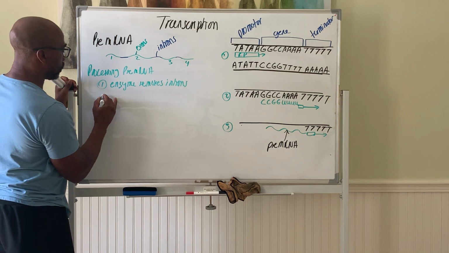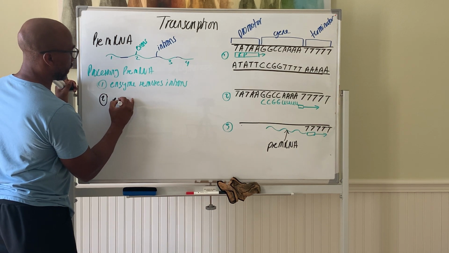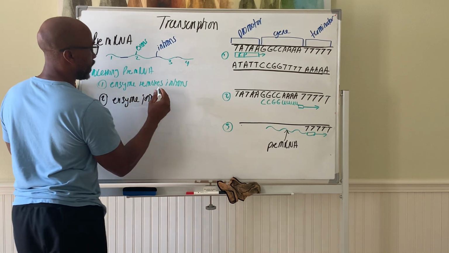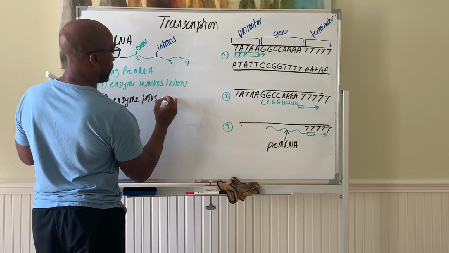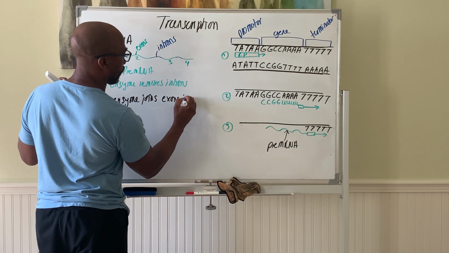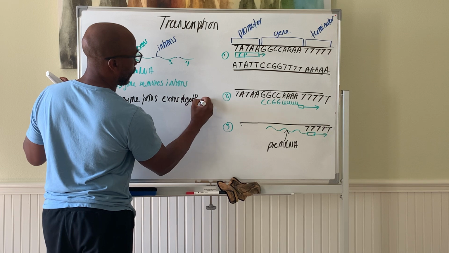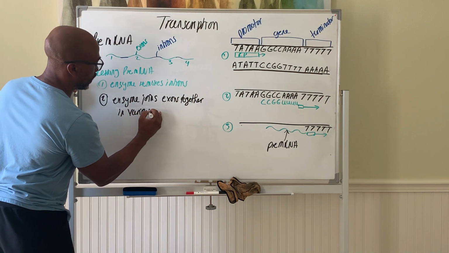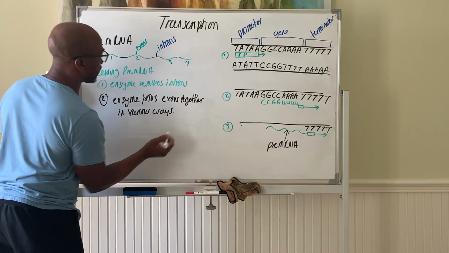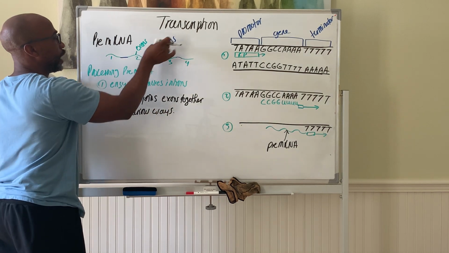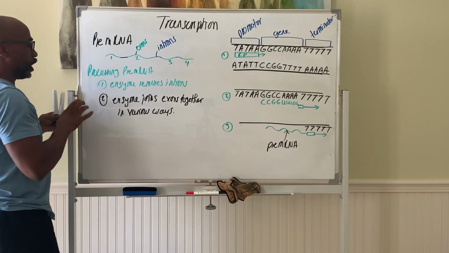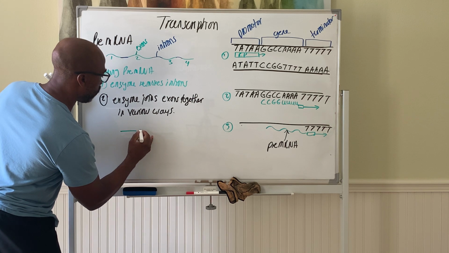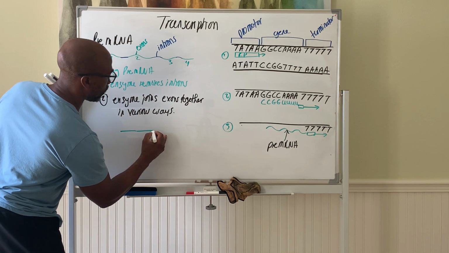And then step 2, the enzyme joins the exons together in various ways. For example, once it pulls out the introns, it may join E1 to E2 to E3 to E4.